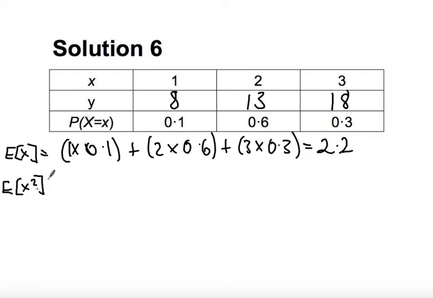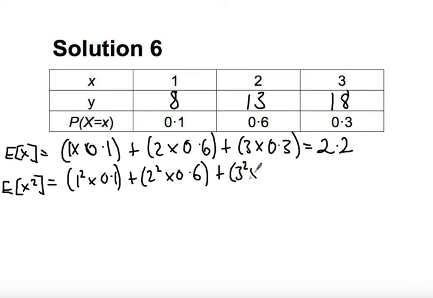Expectation of x squared, because I'm looking to find my variance, so I get 1 squared times 0.1 plus 2 squared times 0.6 plus 3 squared times 0.3. Now, if we type this into our calculator and work this through to evaluate it, we get an answer of 5.2.